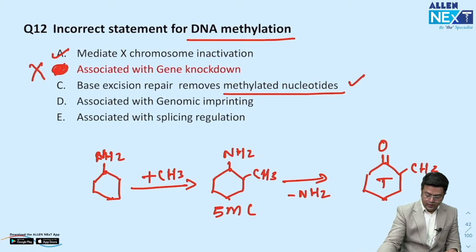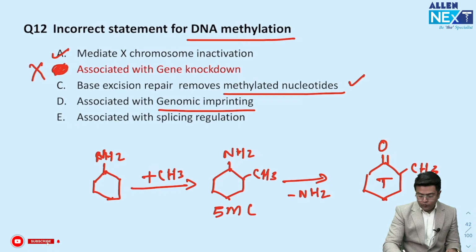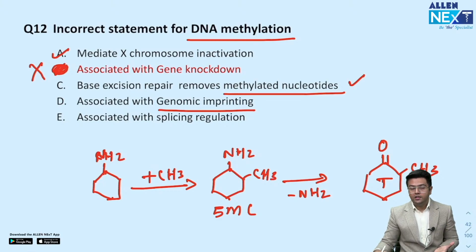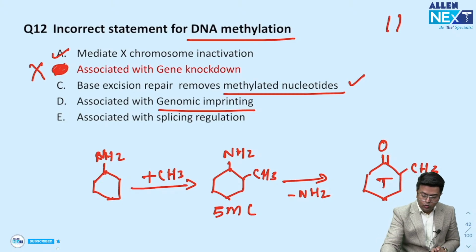Fine. Now associated with genomic imprinting, again guys, that means we have certain genes, almost 100 in number, which we get only from one parent in the active form. So we are not getting two copies of a particular gene.